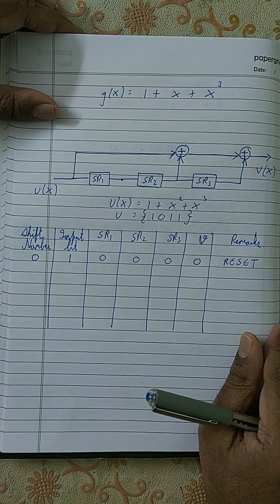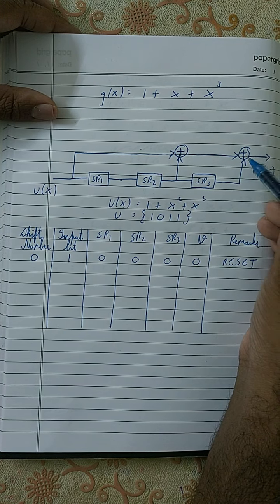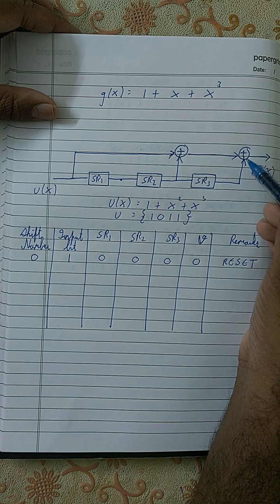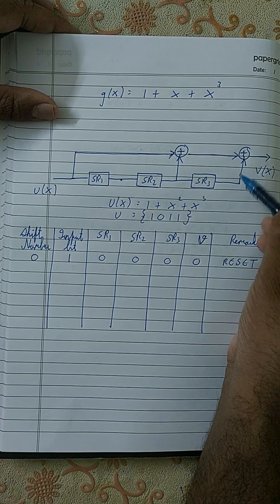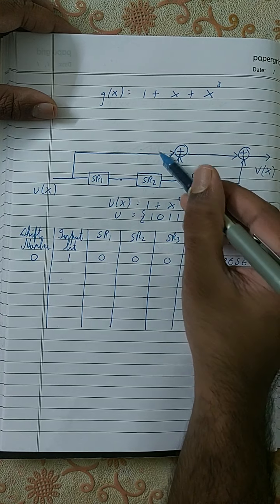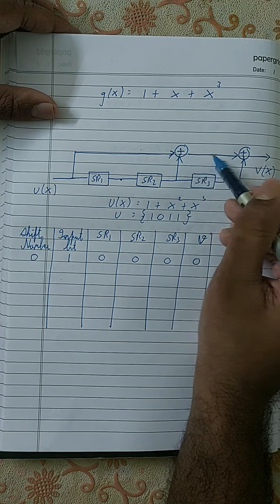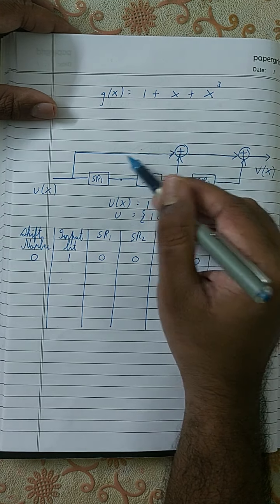Now, how to write the values of the output is simply to look at this value over here. So what is V of X? If you look at V of X, this line represents SR3. This line represents the sum of these two lines, right? So this is SR3, and what is this? This is actually SR2 plus input bit.